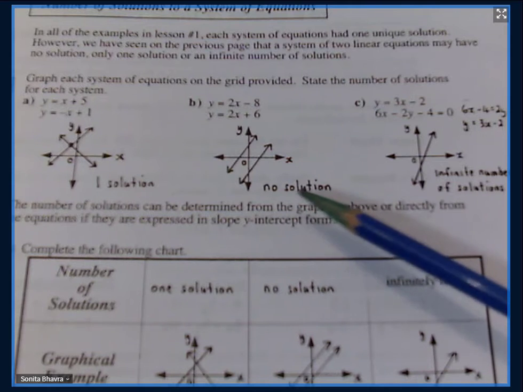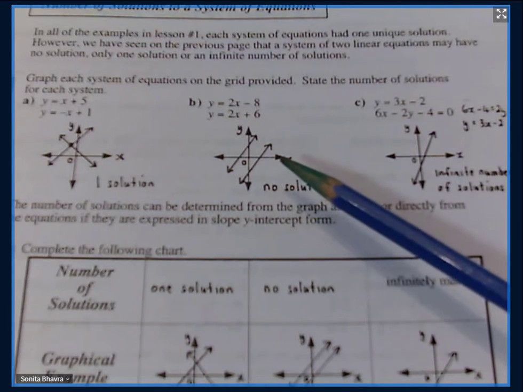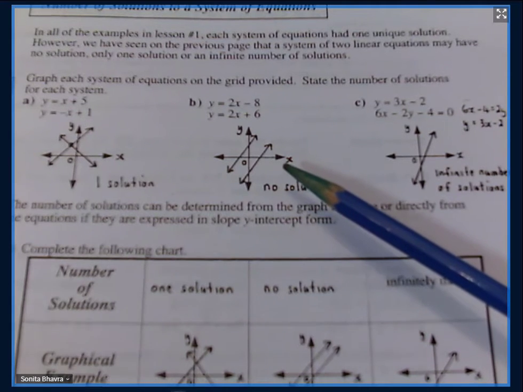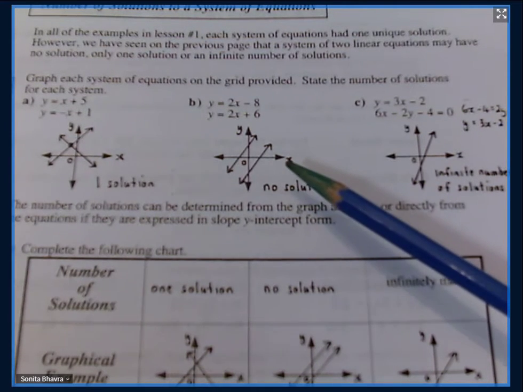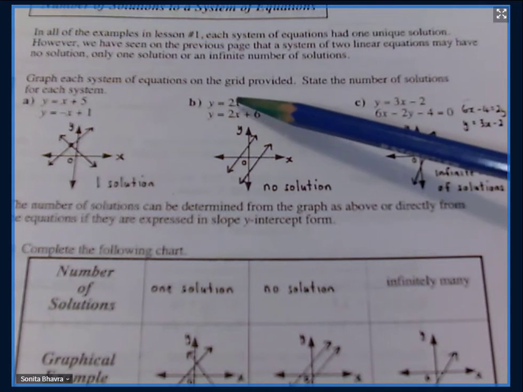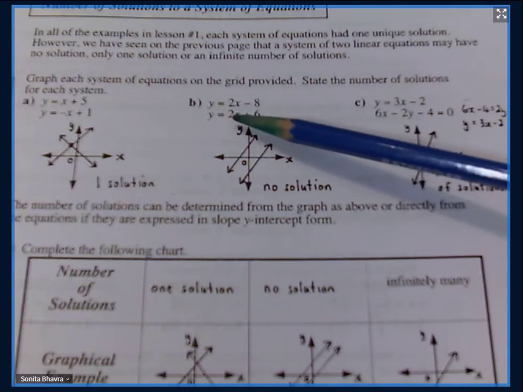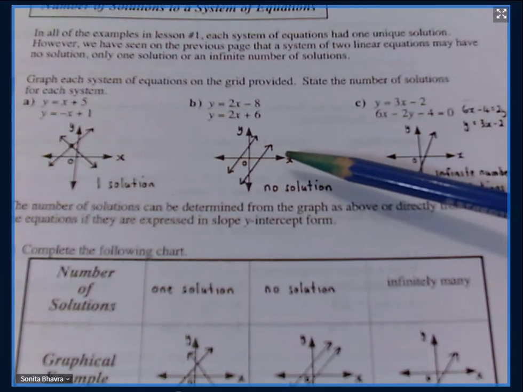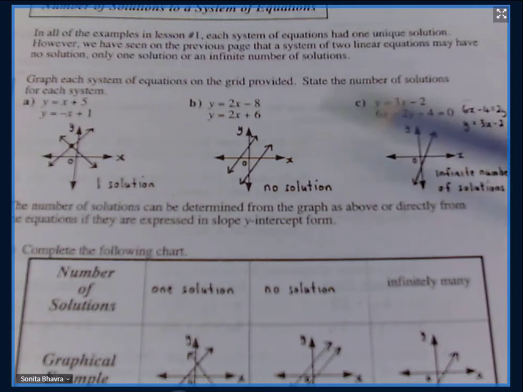So there will be no solution because the two lines will never intersect. They will never cross each other. They will just remain parallel to each other. So again, you know that they're parallel because they have the exact same slope. So a slope of 2 and a slope of 2. They're parallel and they will never cross, therefore they'll never have a solution.